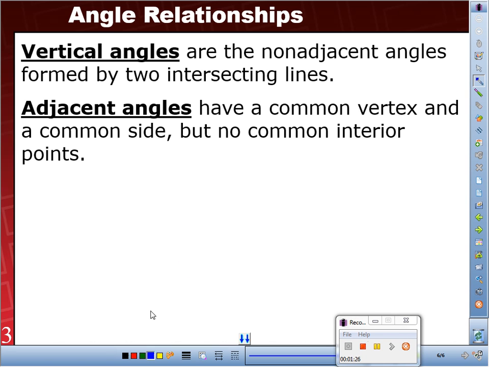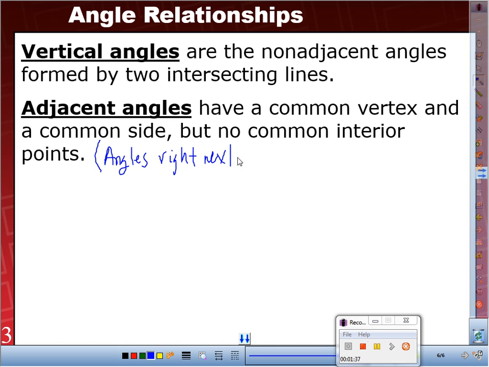And to elaborate on this one, I want you to write in parentheses, angles right next to each other. So, adjacent angles have a common vertex and a common side, but no common interior points. And I'll elaborate on those. Copy that.